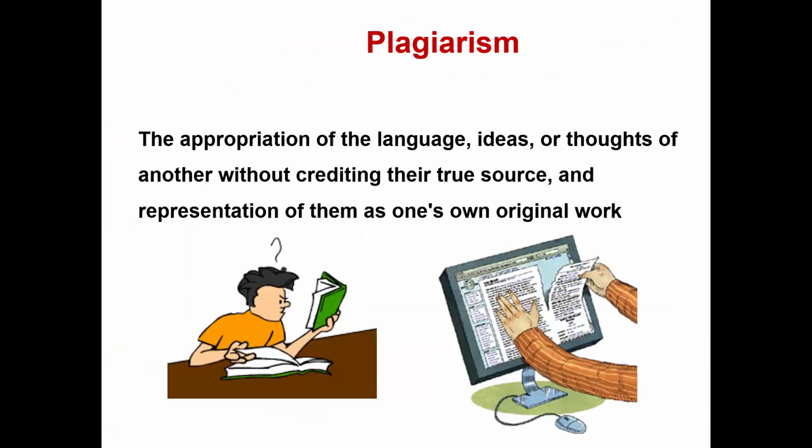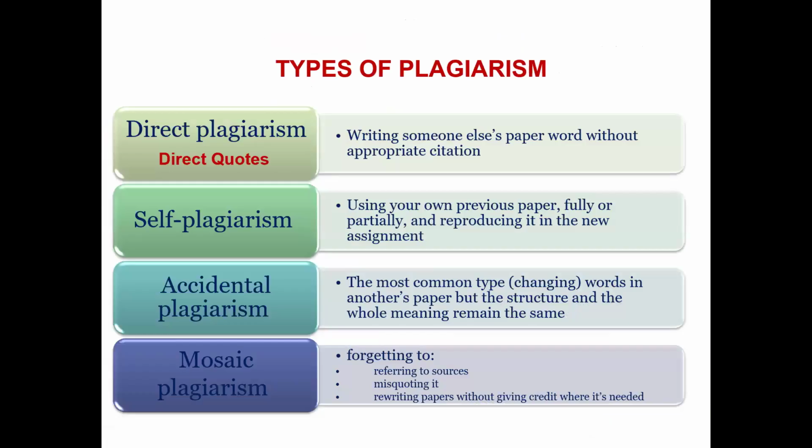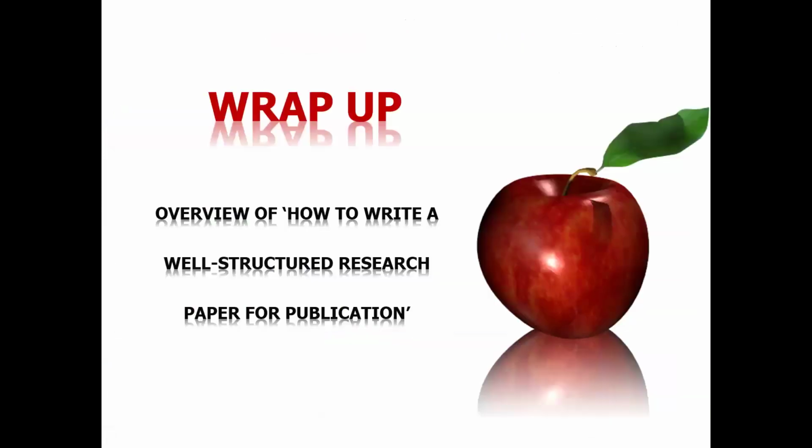Also, we have to avoid plagiarism, which is appropriation of the language, ideas, thoughts, etc. And we said we can do some paraphrasing or changing, but we have to keep changing in the format of the research, but we have to respect the main author or write the reference of whatever we take our data from.